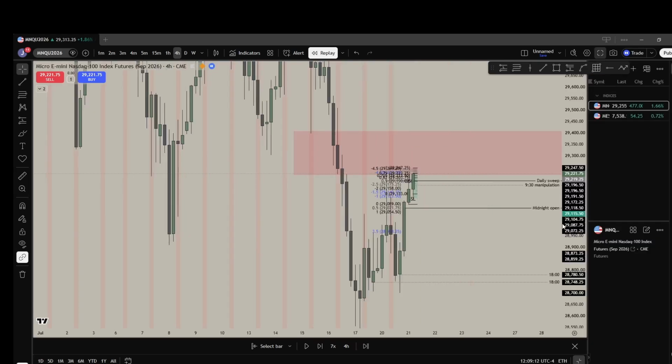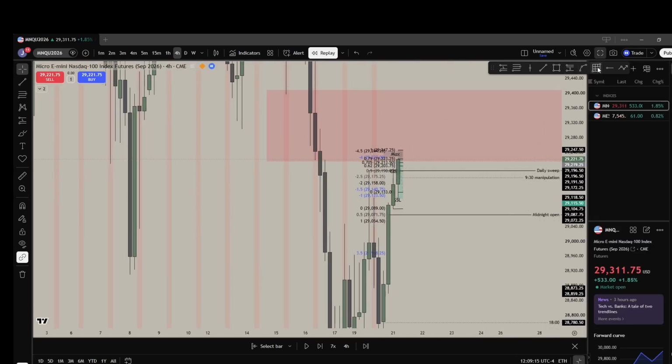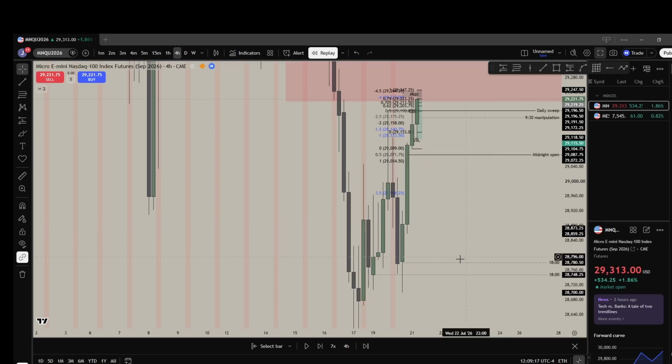The first one being the 18 open, which we have here, and the previous day's true day open. I mean daily open. True day open is the midnight open. So as you can tell from the daily open on Sunday, we kind of opened from sell side.